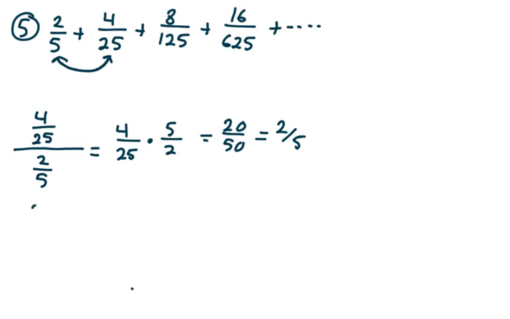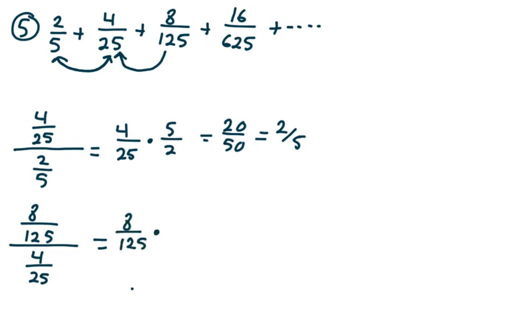So if we look at the next term, the third term divided by the second term, in other words, we're going to look at 8 over 125 divided by 4 over 25. So this is 8 over 125 times 25 over 4. And that is indeed 2/5. So it looks like my common ratio is 2/5.